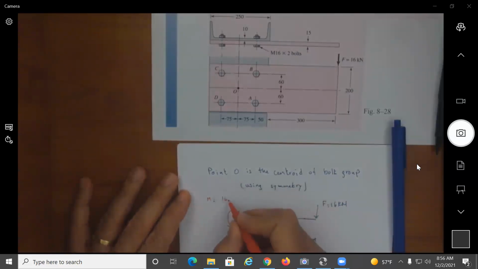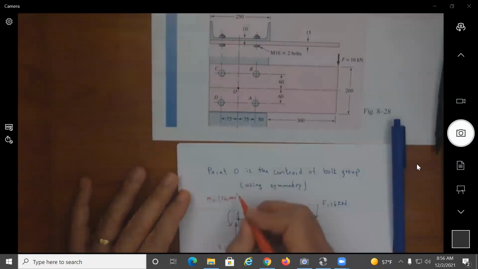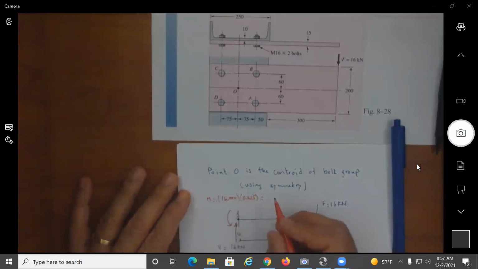So this really should be 16,000 multiplied by 0.425 meter, and I will get 6,800 Newton meter. So that's the moment.